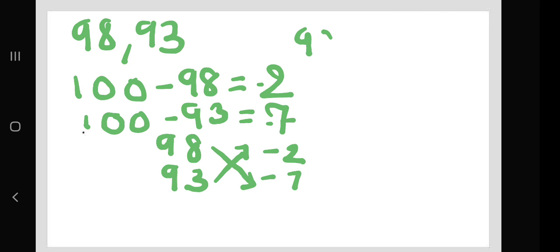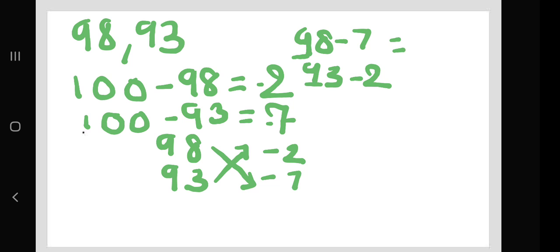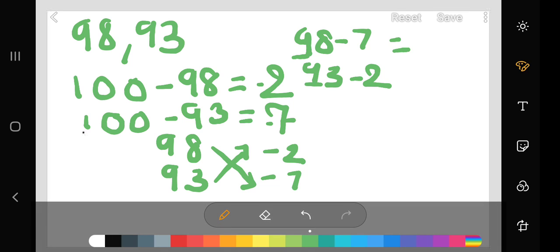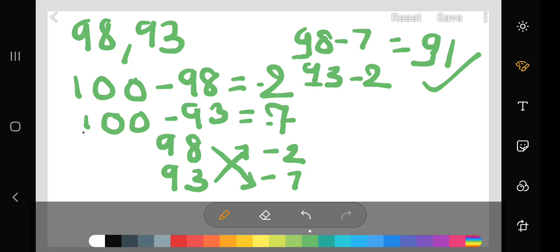So we will do 98 minus 7 and 93 minus 2. We get 98 minus 7 is equal to 91 and 93 minus 2 is also equal to 91. We are getting the same result from both equations.